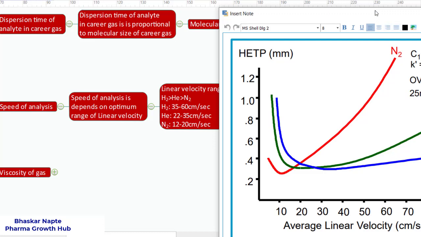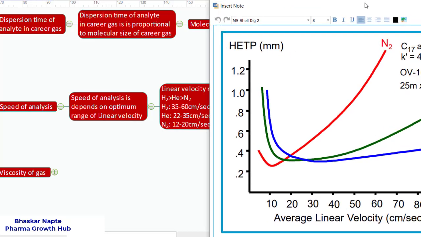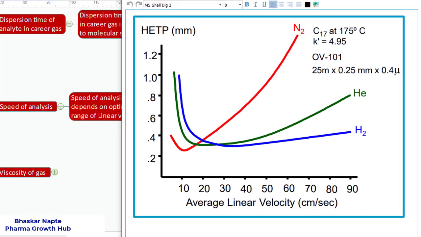Now, when you look at hydrogen, it has a much flatter curve. It starts with the least plate height at 30 centimeter per second linear velocity, but it can be used even up to 60 centimeter per second.